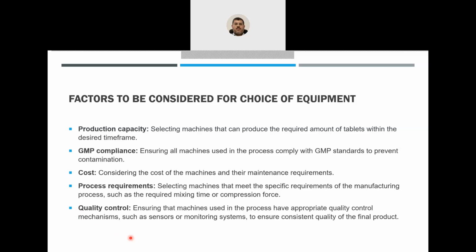It's not commonly used in industry, maybe in very big industries, but not common in normal generic manufacturers. And probably you can do in-process control by just collecting samples from the machine at different time intervals, and then do your quality control tests and check whether you reach the target or not.